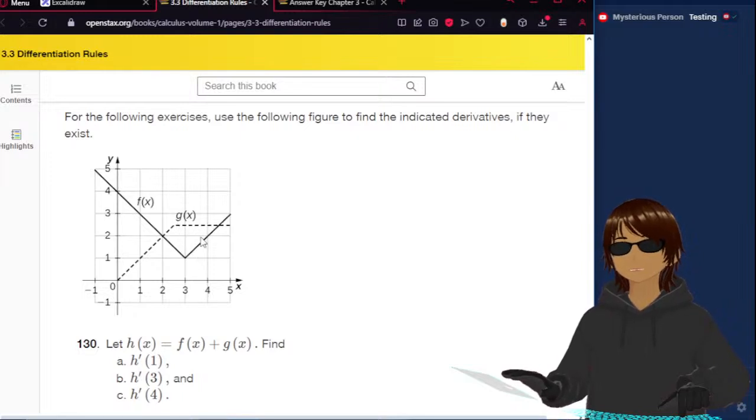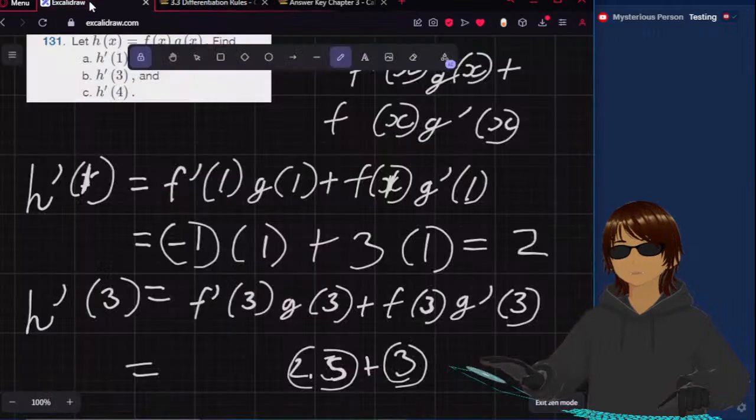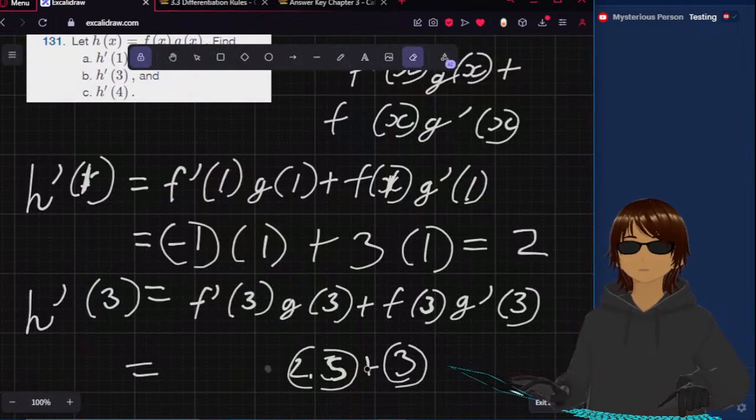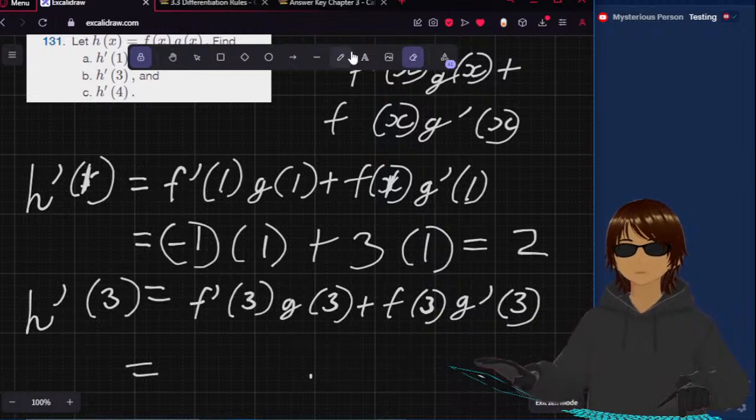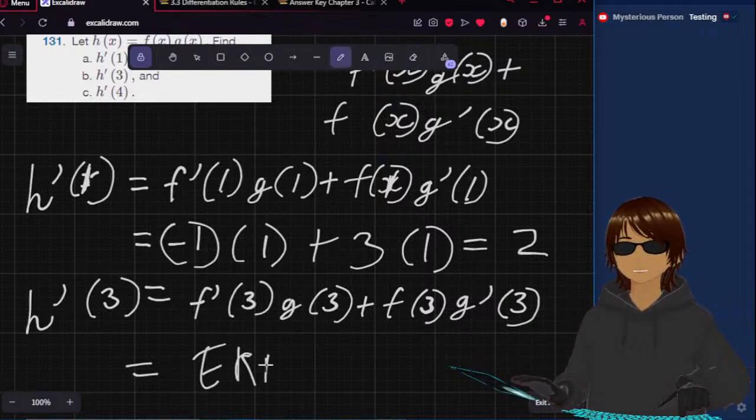Here it's 0 and undefined, so it's not possible. I'll do error.